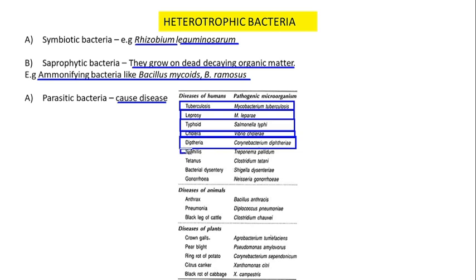This is syphilis. Syphilis is caused by Treponema pallidum. Next is tetanus. Tetanus is a disease where there is difficulty in opening the jaws. This is caused by Clostridium tetani. Then we have bacterial dysentery caused by Shigella dysenteriae.